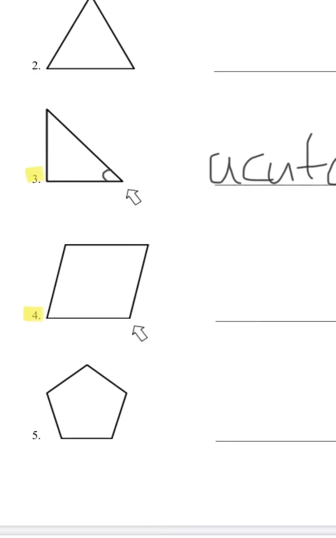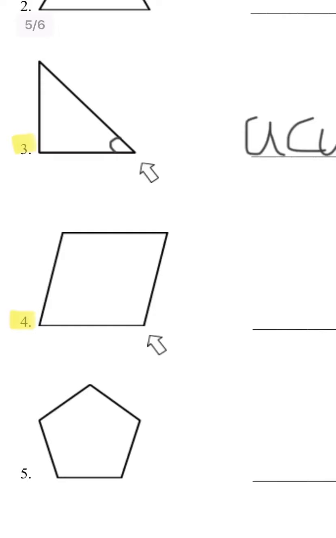Okay. So last example, number 4. How about this? Well, is it larger or smaller than 90 degrees? It's larger, right? Because if it was 90 degrees, it should have been here. It should have been like that, but it's not.